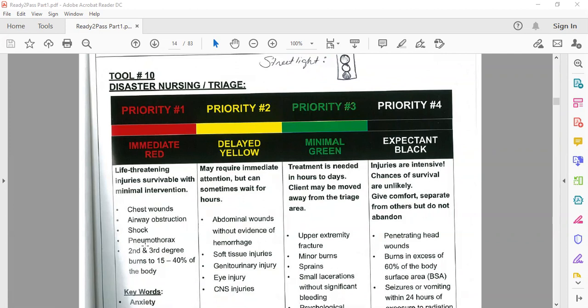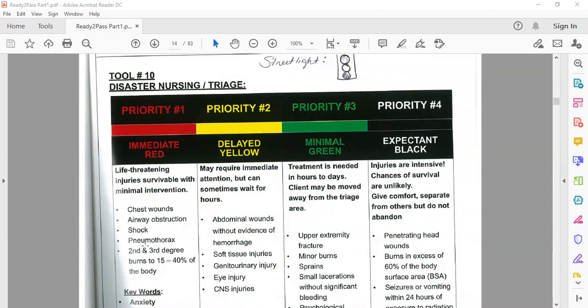It is also an inside disaster, or a chemical spill, right? All of this. So for the red tag, immediate treatment is required to save the life, like breathing issues, hemorrhagic wound, or major burn. What else?